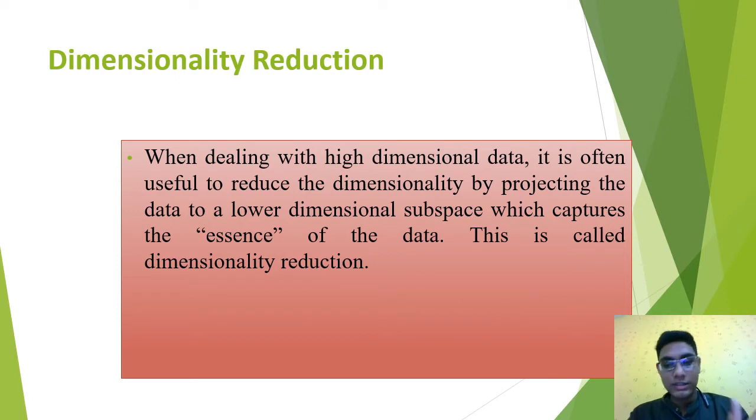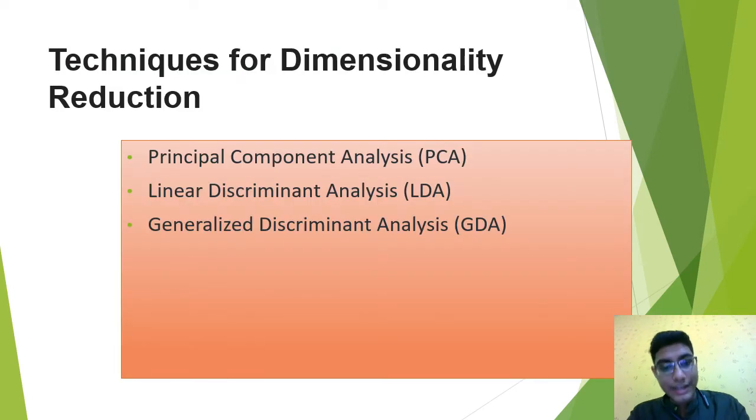So the set will be reduced but with the essence of the data. The main data will be there but it will be reduced. Techniques of dimensionality reduction are principal component analysis, known as PCA, then linear discriminant analysis, known as LDA, and generalized discriminant analysis, known as GDA.